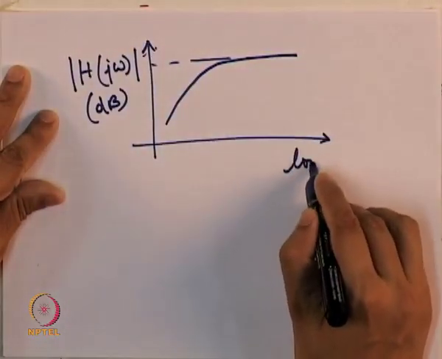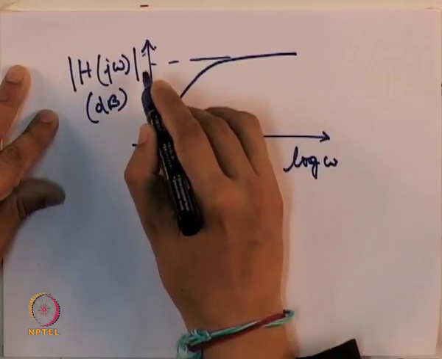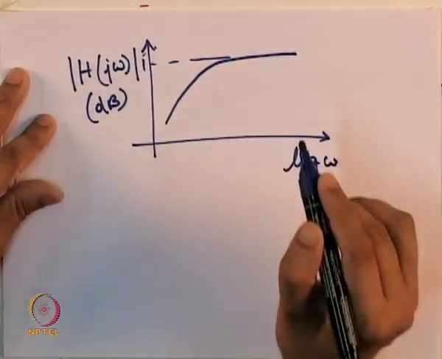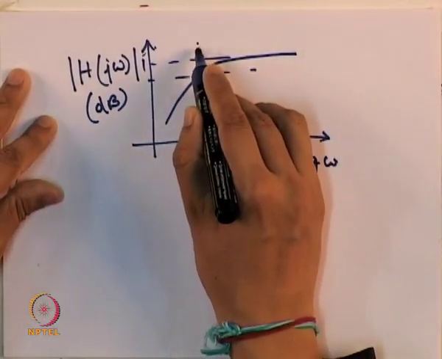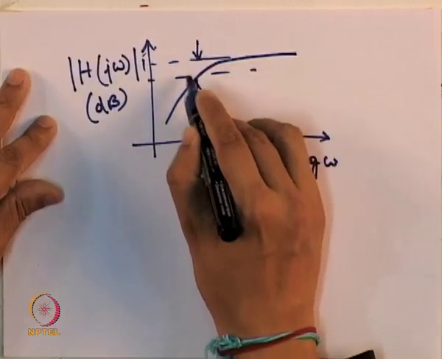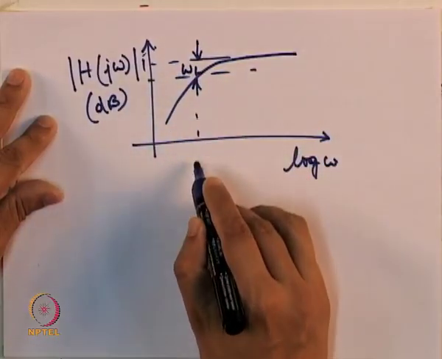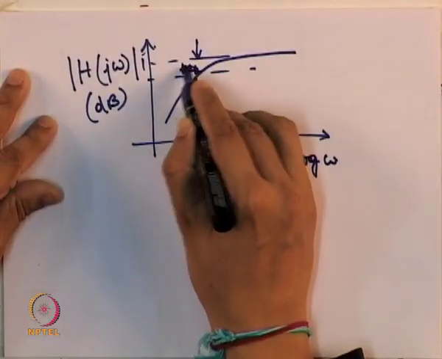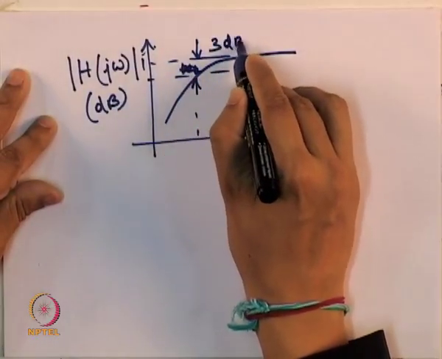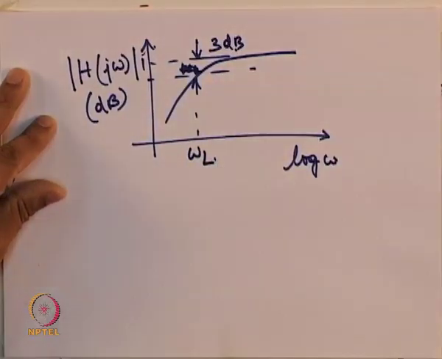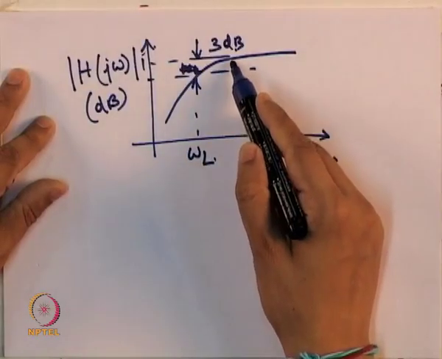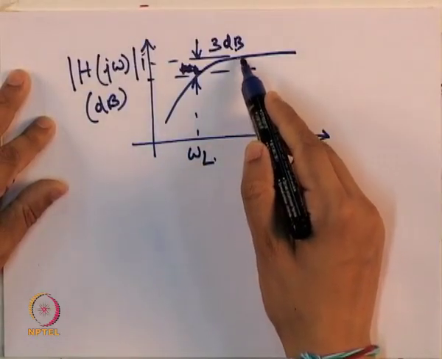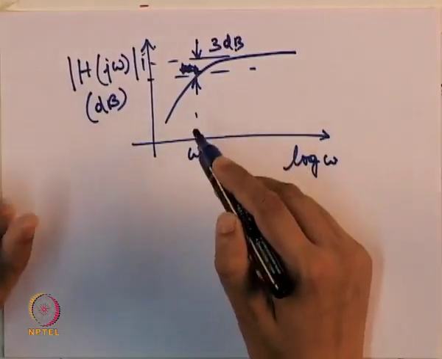This is log of omega, this is 1, and this omega L, sorry, this is 3 dB and omega L is here. So, at omega L, the value decreases by 3 dB from its stable high frequency value.